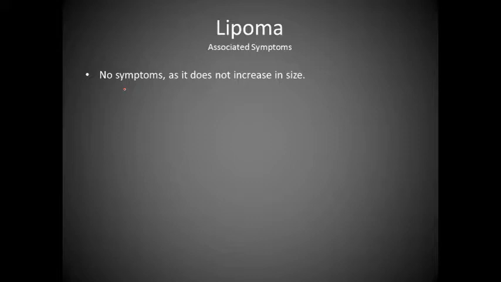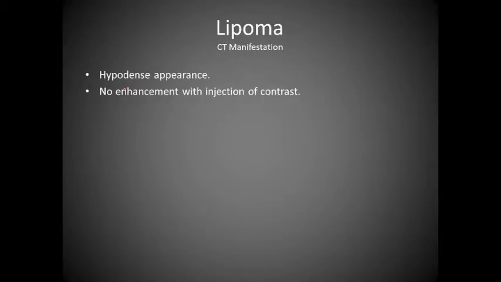The associated symptoms are none, because they do not increase in size and should not theoretically cause any abnormalities. The way that we distinguish a lipoma is CT and MR. However, finding lipomas is not usually the reason for doing a CT or MRI. Usually it's a chance finding or an incidental finding.